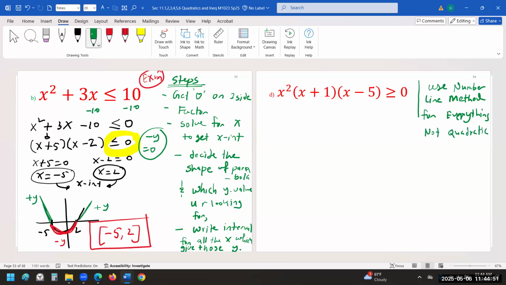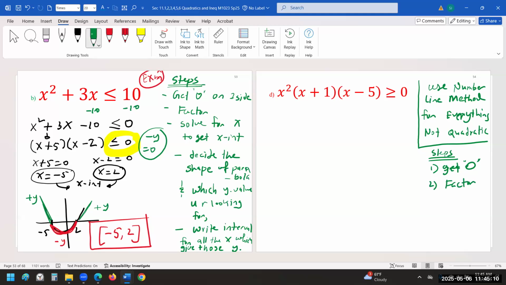Anytime you have anything that is not quadratic, it is number line. So our steps are the same. See 0 or get 0 on one side.